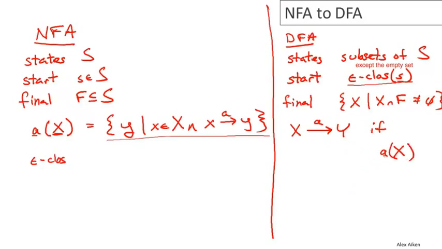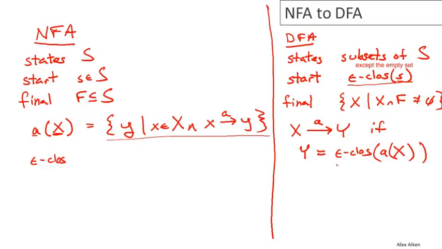That's A of X. And then once we've seen where we can go from the set of states X on input A, there's also the possibility of making epsilon moves after that. So furthermore, we have to take the epsilon closure of that set of states. Okay? And so we'll say that there is a transition from X to Y if Y is equal to this set of states. All right?